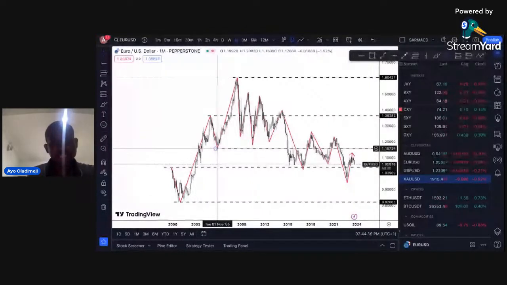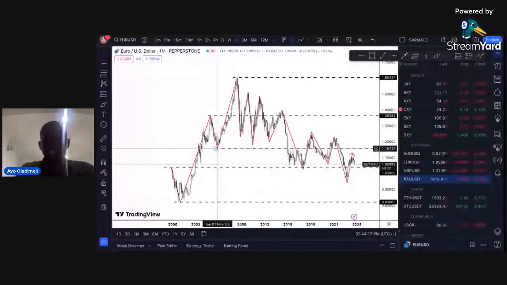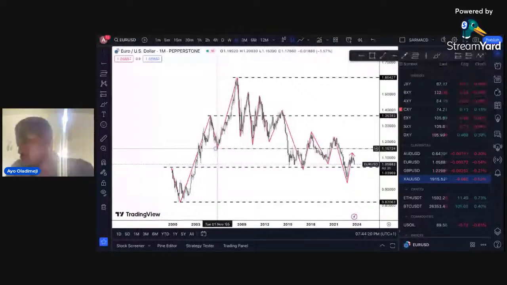Then the next time the price went, so the 1.15 is a what? Let's see where I understand. 1.15, is it a support or resistance? Put it in the chat box. Based on what you have drawn, 1.15, is it support or is it resistance?